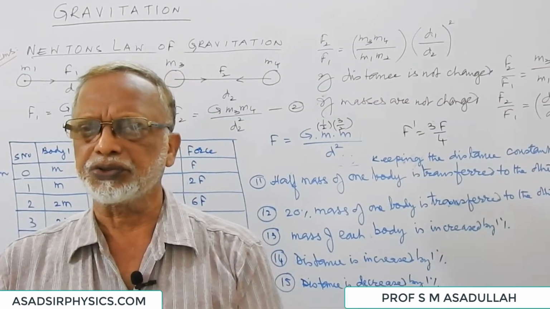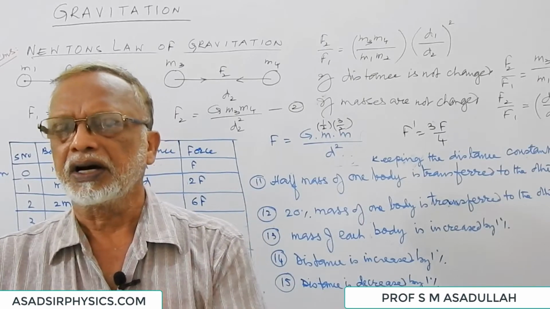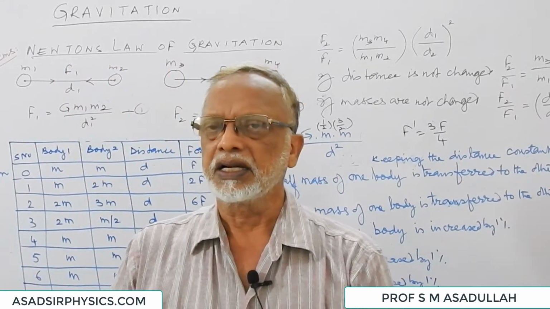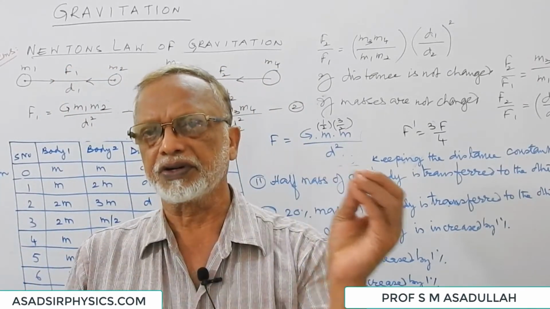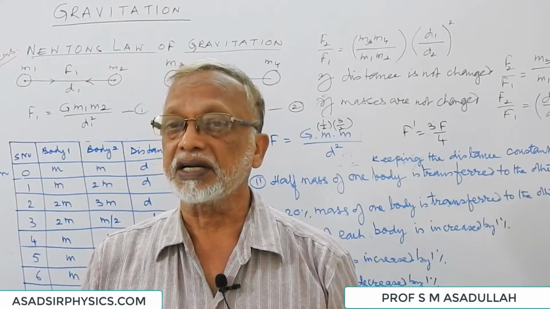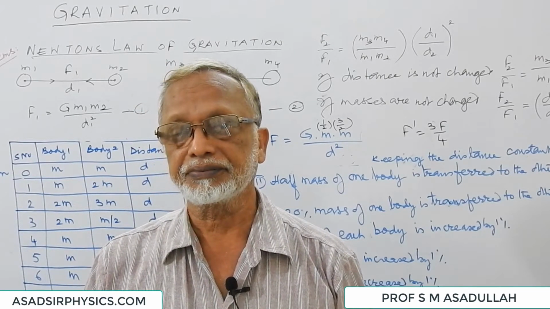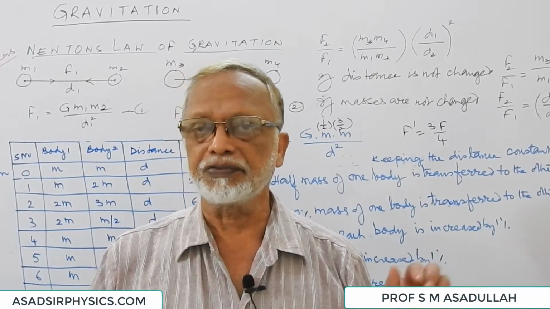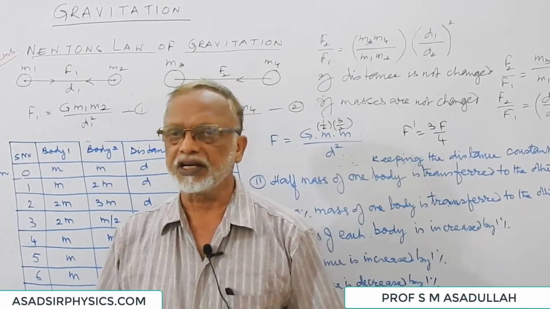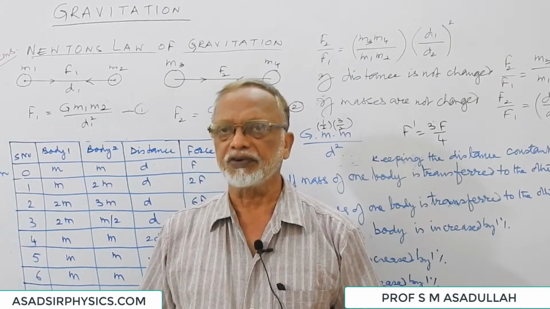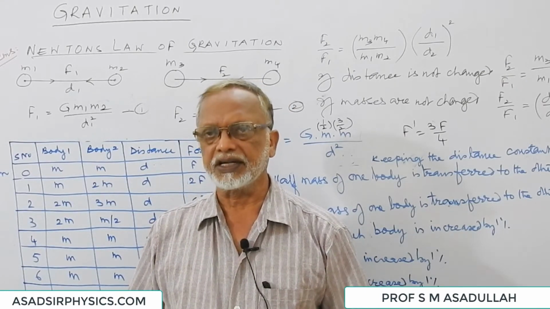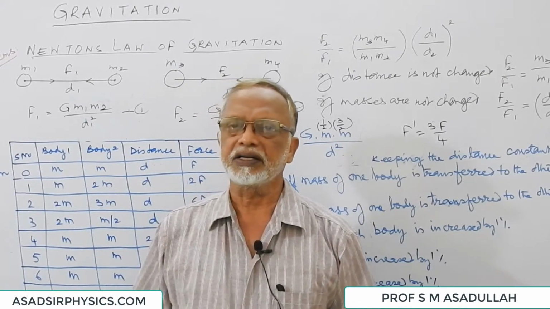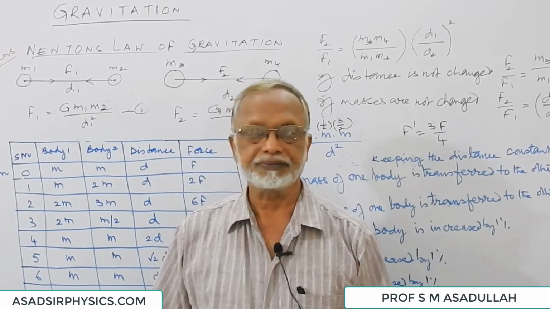It may be asked like this, two bodies each of mass m are placed at a certain distance. If half mass of one body is transferred to the other, what is the percentage change in force? Initial force is F, final force is 3/4 F, so change is how much? 1/4 F. When you talk of percentage, 1 by 4 into 100, that is 25%.